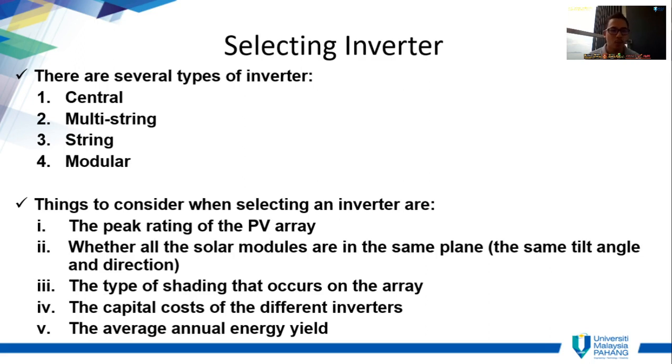The next thing is whether all the solar modules are in the same plane, same angle and direction. It's very critical for you to know the surface of the land or the roof that you're going to install the PV system on. Your PV modules must face the same direction. For example, we are in Malaysia, so we are located in the northern part.